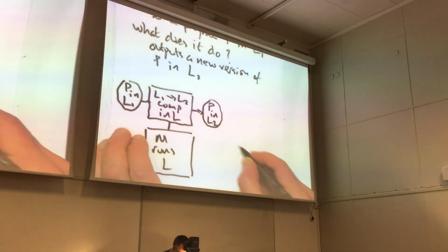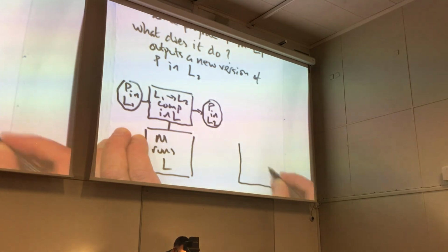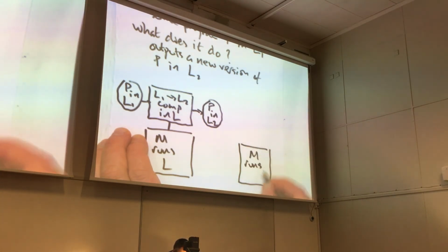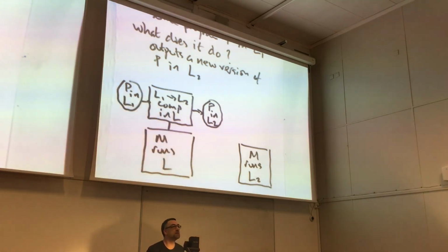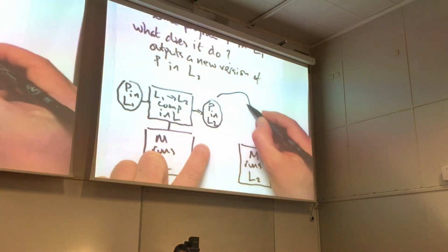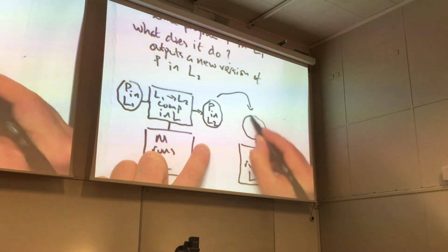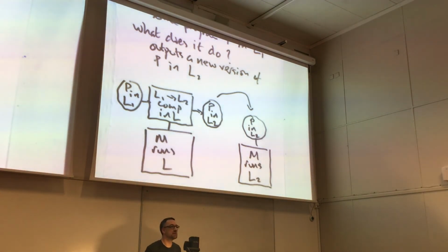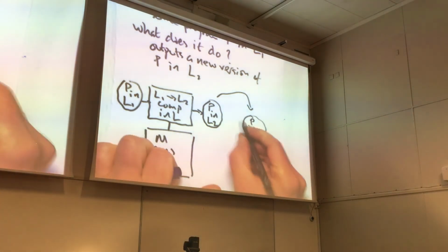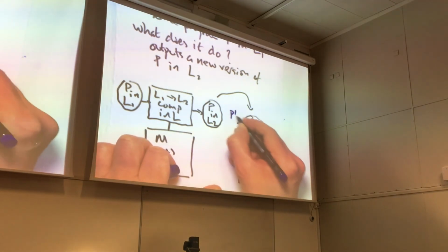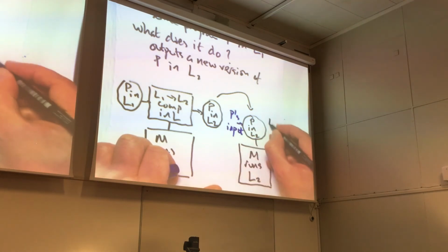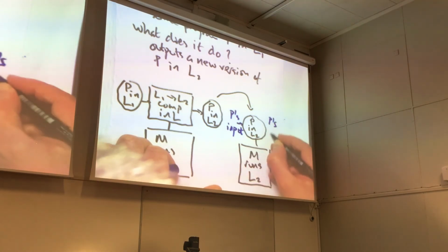We have better hope that our machine also runs L2. If our machine runs L2, now we can take this thing and put it here, and we can feed in P's input, and what will happen is P's action.